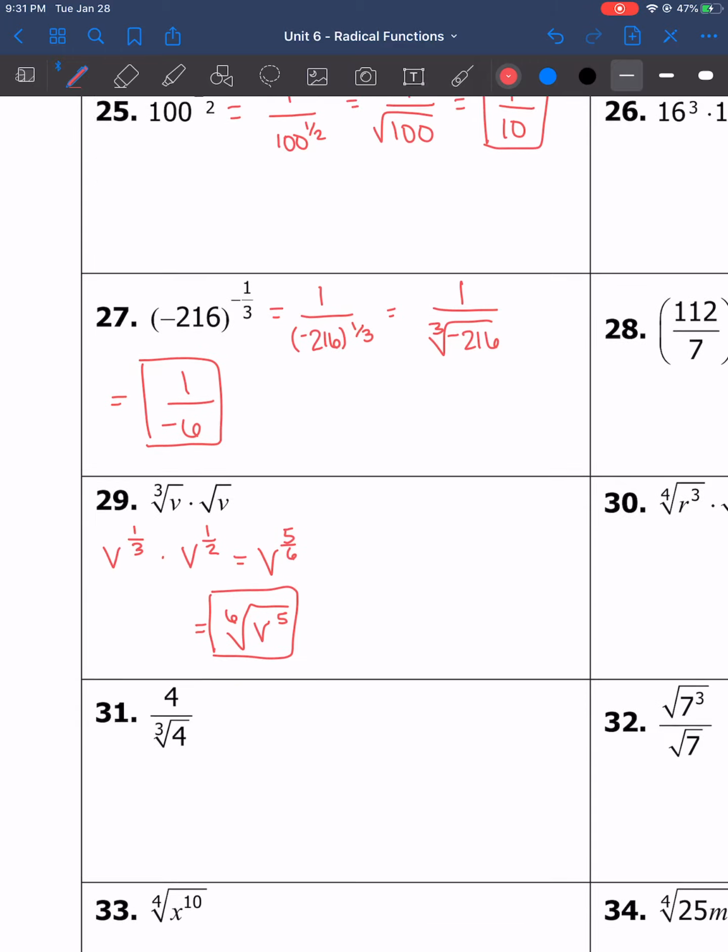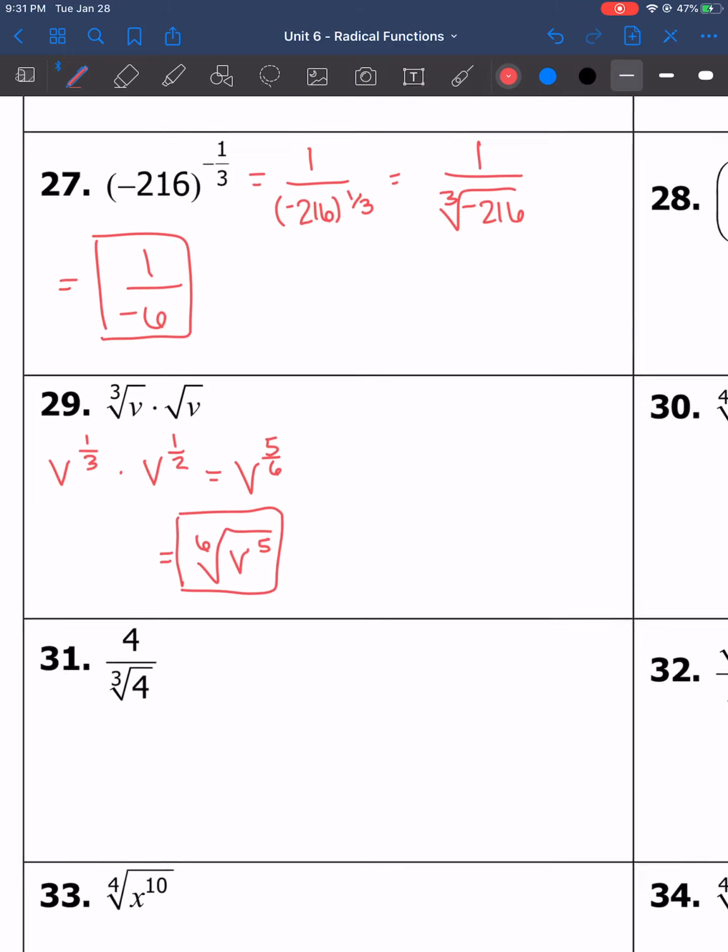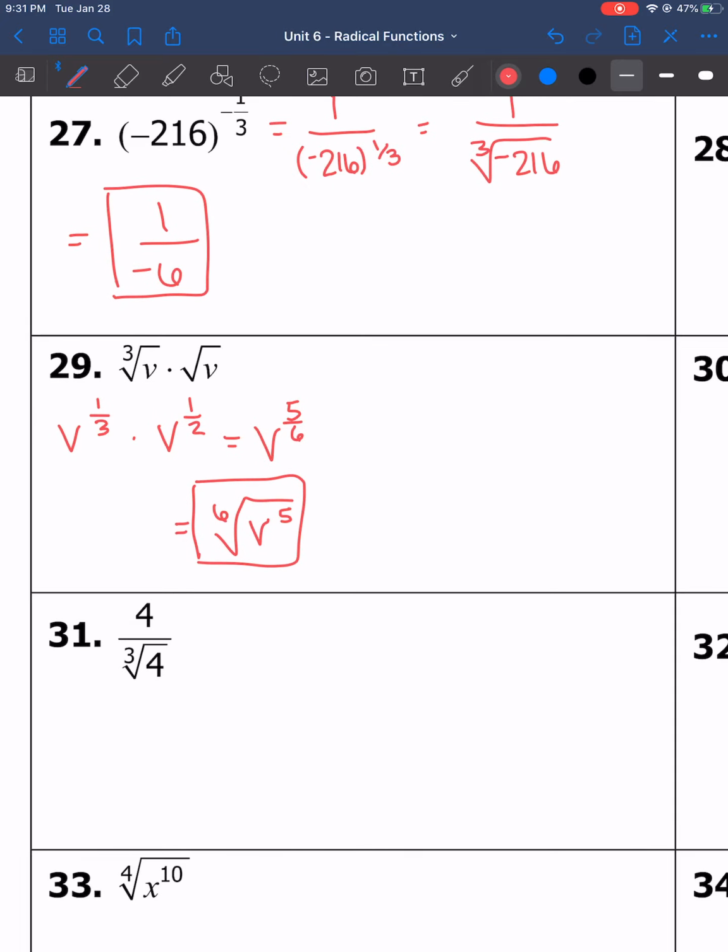31. I have 4 divided by the cubed root of 4. Alright. So once again, we need to rewrite our radicals into exponential form. So I have 4 to the first divided by 4 to the 1/3.